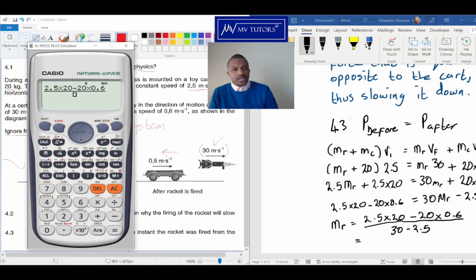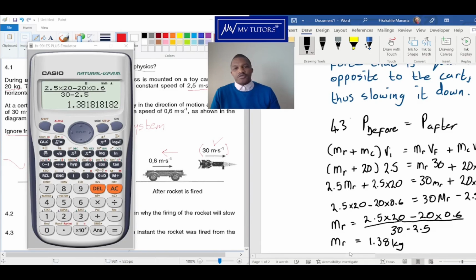Then I come downstairs, I've got 30 minus 2.5. My answer is that m_r is 1.38 kilograms. Very small. Remember, it's a toy in any case.